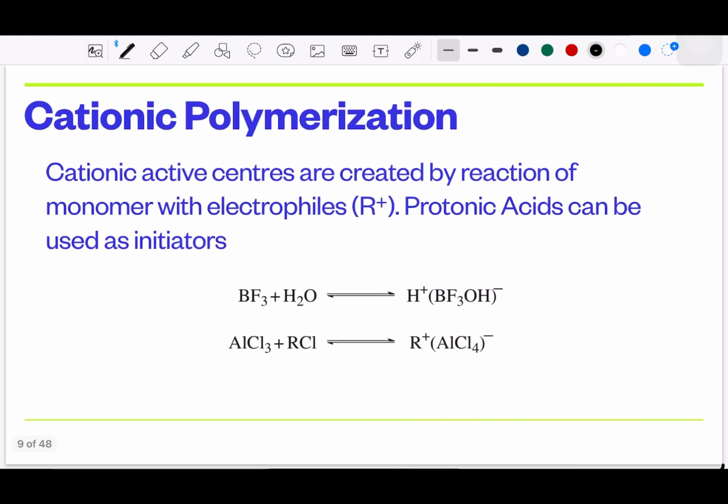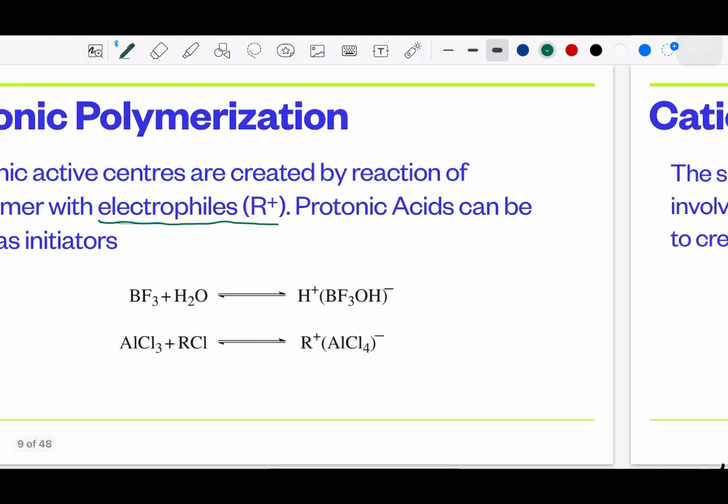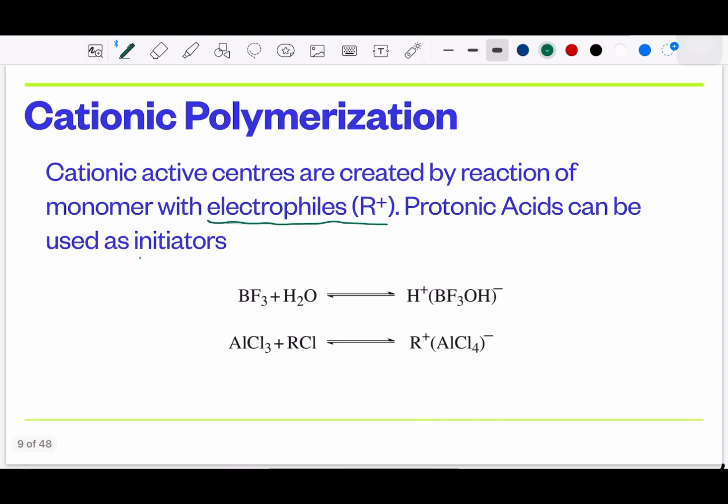This is the first step, to prepare the initiator. We need to create the electrophile.